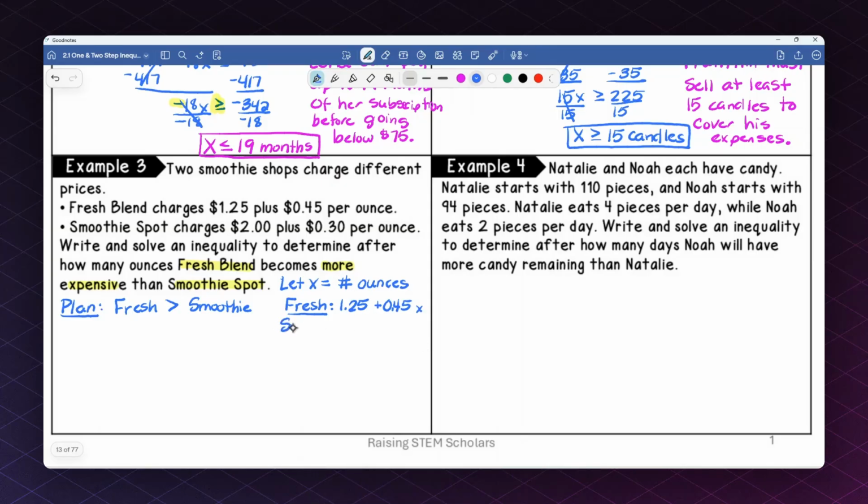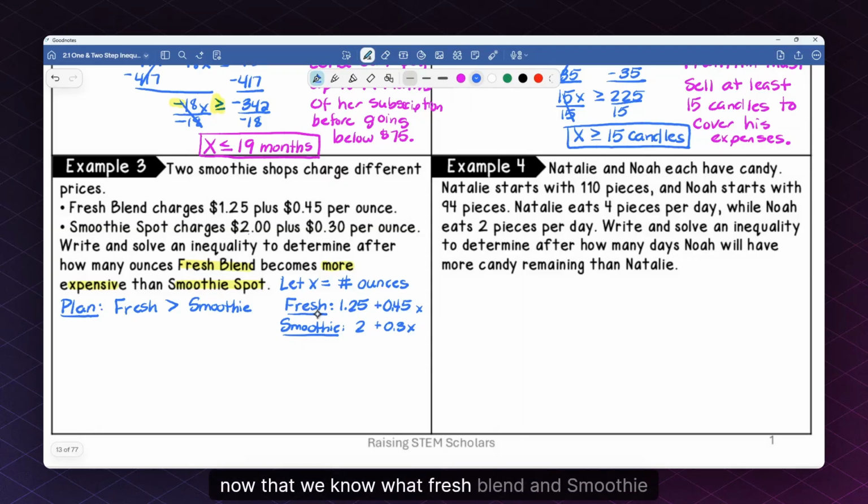Smoothie Spot is doing $2 plus 30 cents per ounce. So $2 plus 30 cents per ounce. Well, now that we know what Fresh Blend and Smoothie Spot are, we can plug it into our plan here.